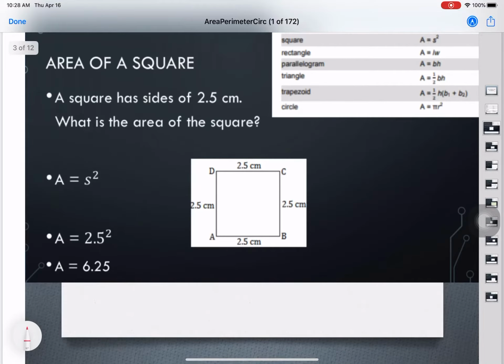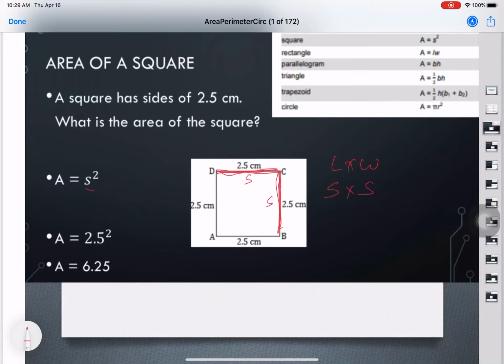So the first one is area of a square. Area of a square is the side squared because a square has sides that are all the same length. And area of a rectangle is length times width. So a square is very similar to that, except instead of saying length and width, we'll just say side because this side and that side are the same.